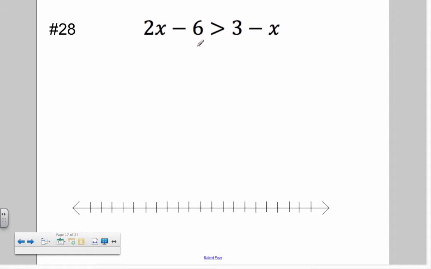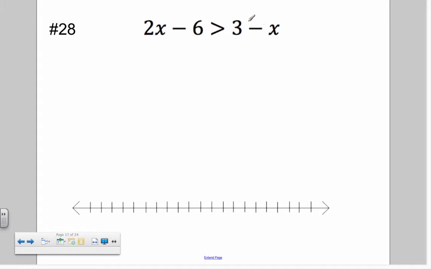So whenever we have x's on both sides, we have the opportunity to always have a positive coefficient. So here, I'm going to figure out what I would do. Would I move 2x to this side of the inequality to make a positive coefficient of x? Or am I going to move x to this side to make sure that my coefficient of x is positive?